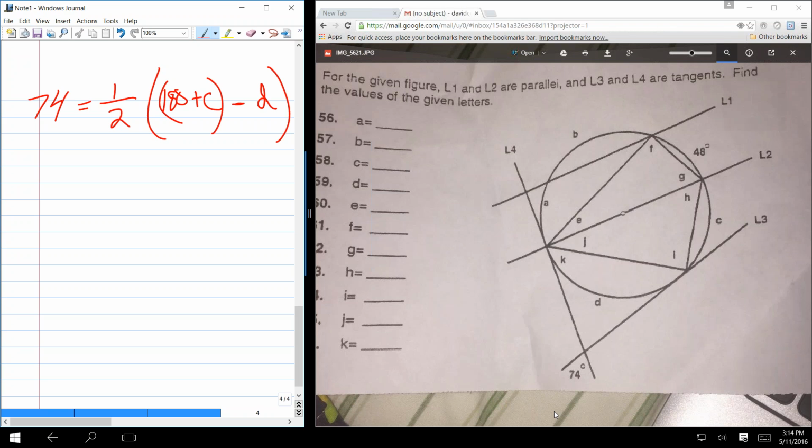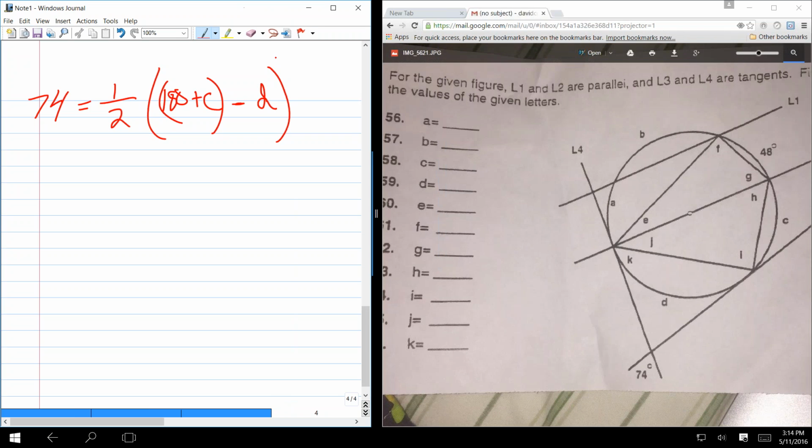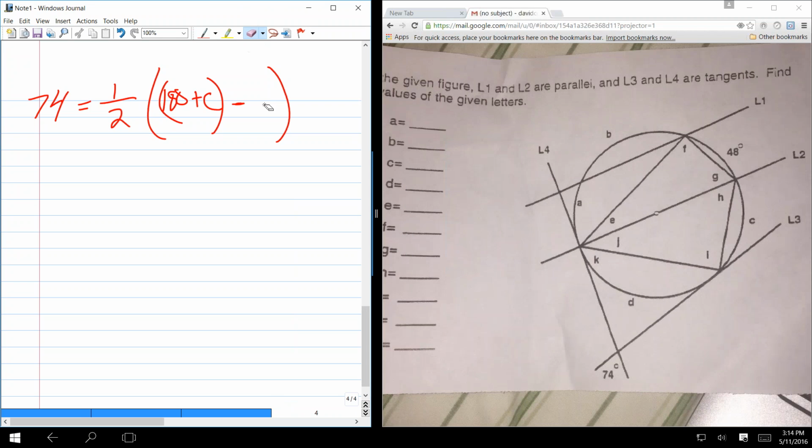However, there is a relationship between C and D. What is it? Can I write D in terms of C? They add up to 180. So instead of writing D, I'm going to write 180 minus C. Doesn't that just cross out?